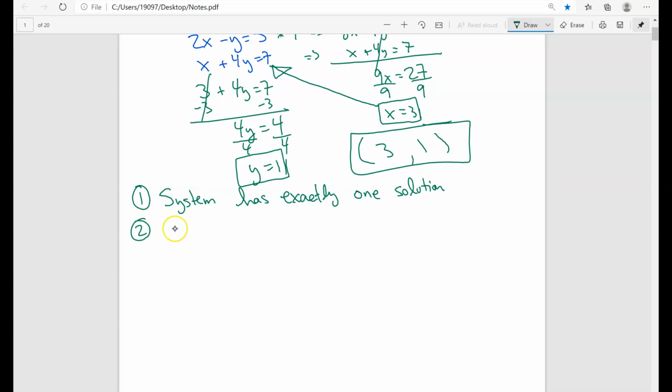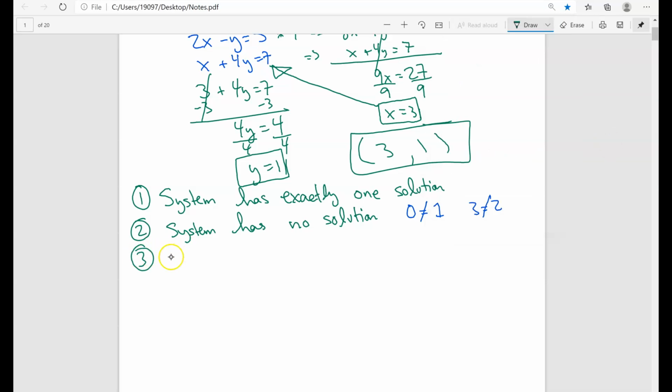The second type is that a system has no solution. Basically you arrive at a contradiction, and usually when you solve the problem, you end up getting something weird like 0 equals 1 or 3 equals 2, which makes absolutely no sense. Whenever you arrive at a contradiction like that, it usually means there's no solution.